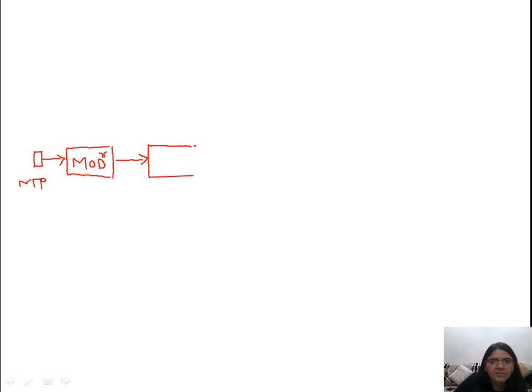Now we need to send it over a larger distance. We can also amplify the signal, so I will put in an amplifier, and the amplifier will send the signal, which can be transmitted by the transmitting antenna.